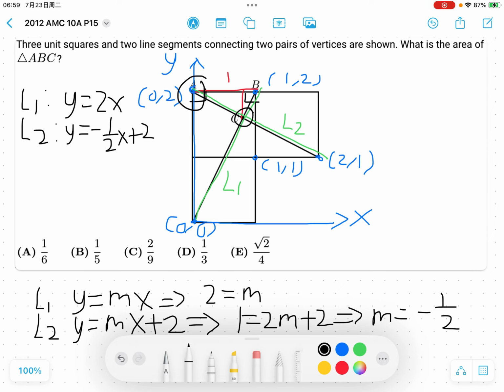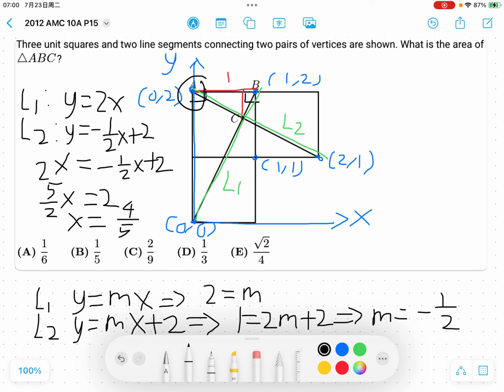We just need point C. But luckily, point C is the intersection of L1 and L2. So we just do some algebra. If we plug 2x into L2's equation, then we get 5 over 2 x equals 2, which is basically x being 4 over 5. So the x coordinate is 4 over 5.